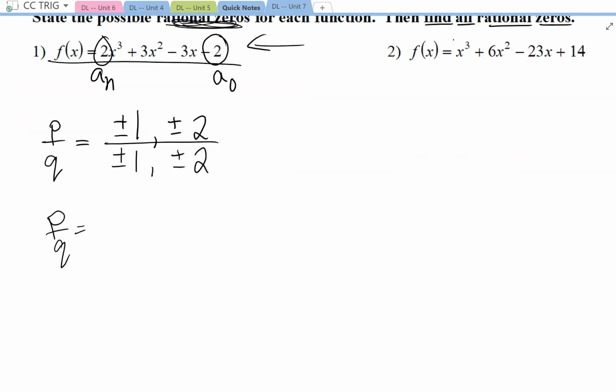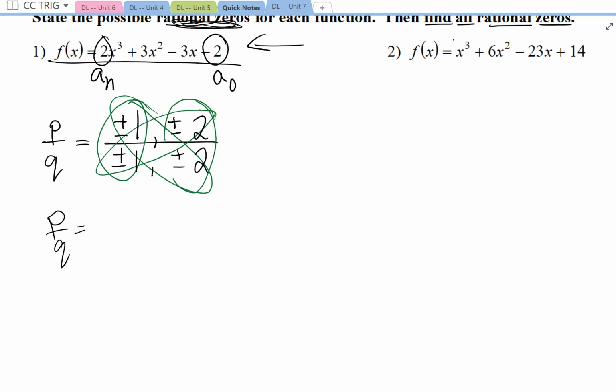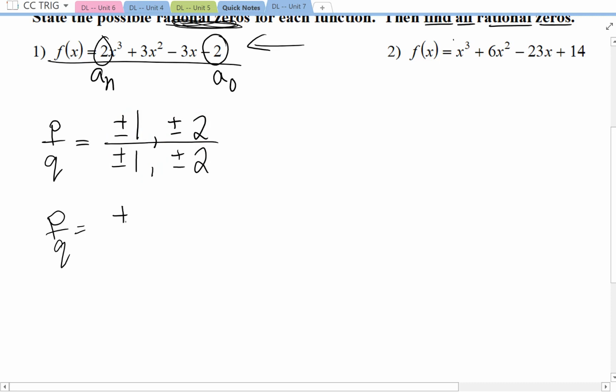To find the possible rational zeros, we need to combine each numerator they've given us with each denominator they've given us for all the possibilities. Plus or minus 1 over plus or minus 1 is simply plus or minus 1. Plus or minus 1 over plus or minus 2 is plus or minus 1/2.